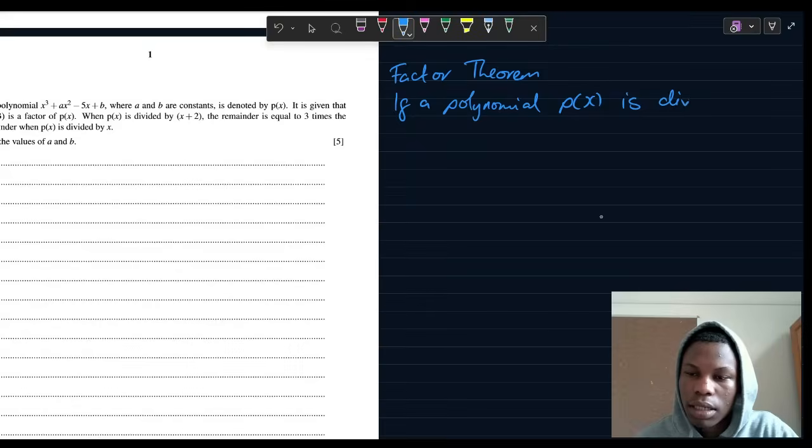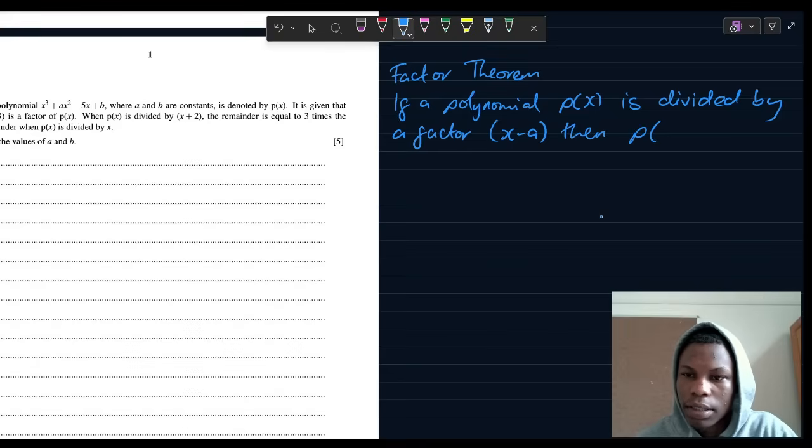So recall that your factor theorem states that if a polynomial p of x is divided by a factor, say x minus a, then we know that p of a is equal to 0.